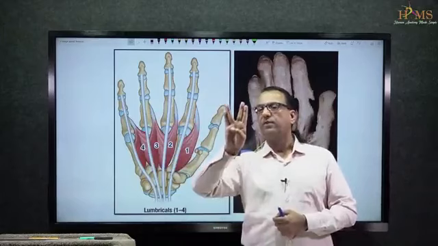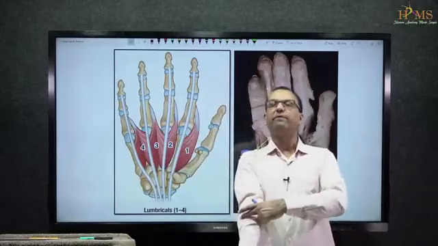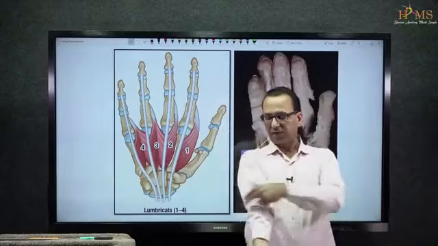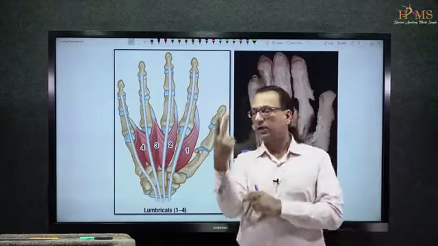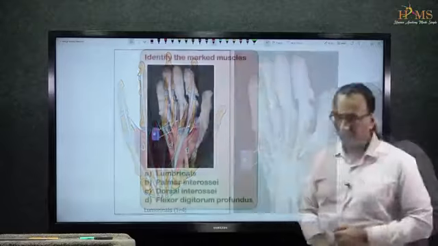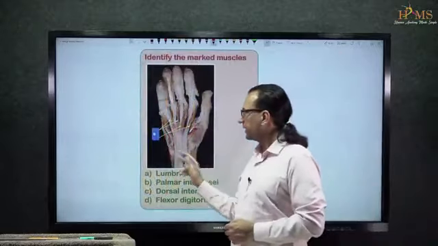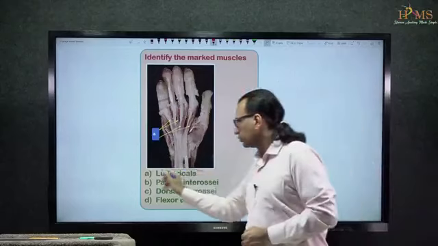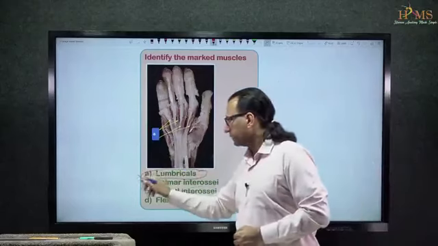All of them come from the flexor digitorum profundus, which is a hybrid muscle, medial half supplied by the ulnar nerve and lateral half supplied by the median nerve as such. So as we can make out, coming from the tendons of FDP, there are 4 lumbricals. Our answer should be choice number A here.